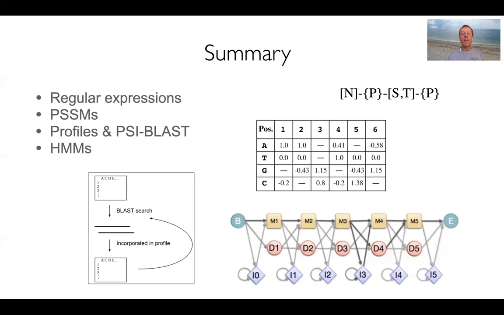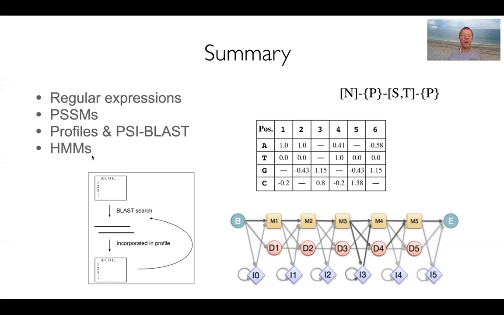So in summary, this lecture has presented a few methods, from very simple to more complex, to represent the information inherent to a multiple sequence alignment. Regular expressions are good for very small, very short, highly conserved motifs, but not so much for anything else. PSSMs are a good step on the way, but they cannot handle gaps.